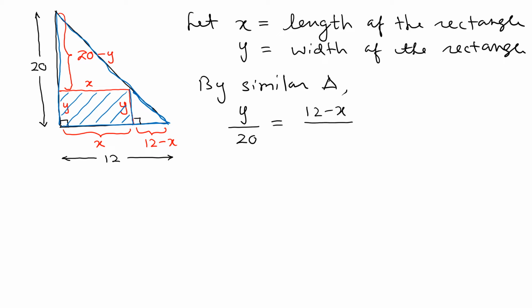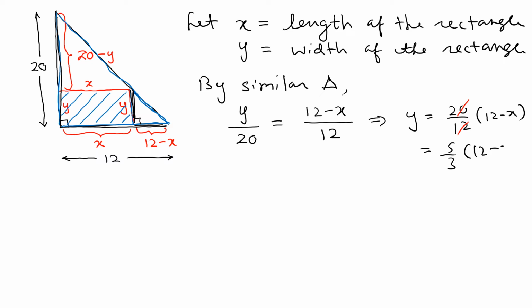We can simplify a little: 4 is a common factor, so y equals 5 thirds times 12 minus x. Okay, so we found y in terms of x, which will be useful later.